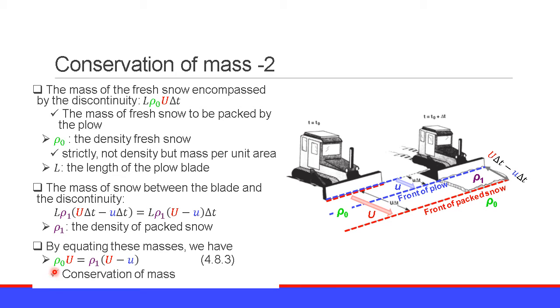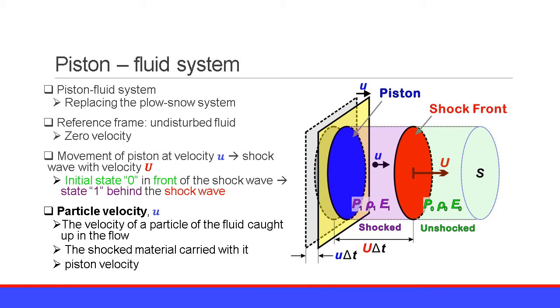We have rho 0, density before packing, times large U, the velocity of the shock front, is equal to rho 1, the density after compression, times large U, the velocity of the shock front, minus small u, the velocity of the blade. This is the conservation of mass equation, 4.8.3.